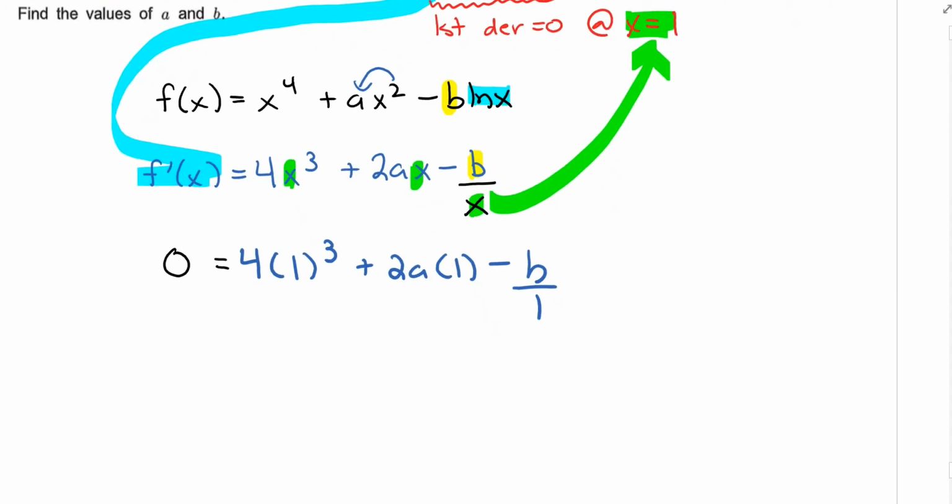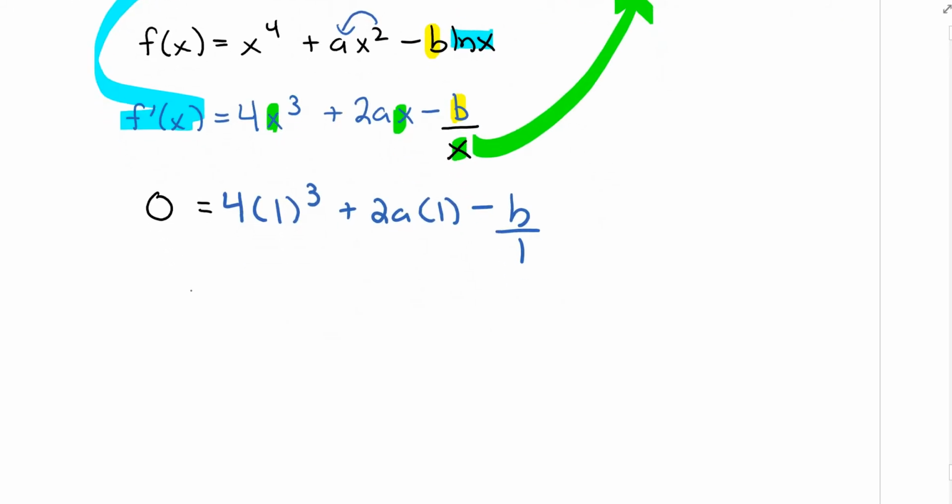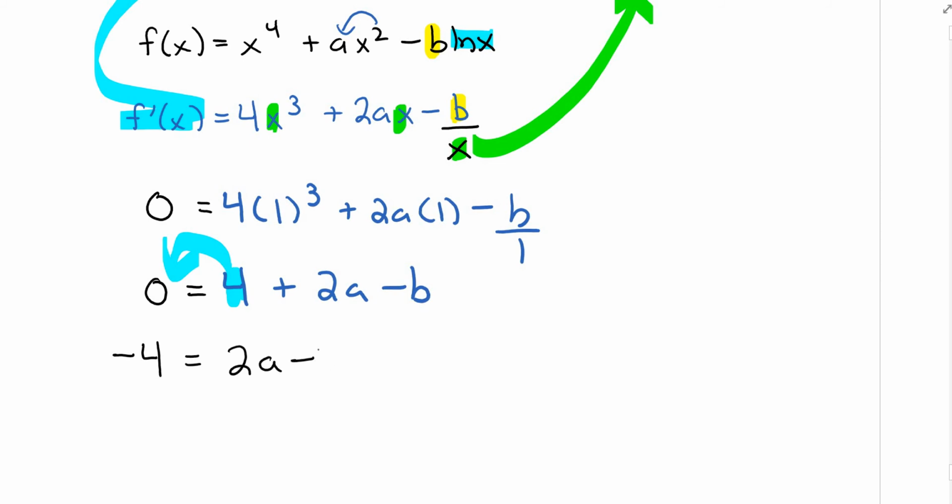And then we have to simplify that expression here. So this is going to be 0 equals 4 plus 2a minus b. And then I can take my 4 and move it to the other side. So 0 minus 4 would be negative 4 equals 2a minus b. And let's go ahead and just box that because I'll be using that in a later step in this problem.